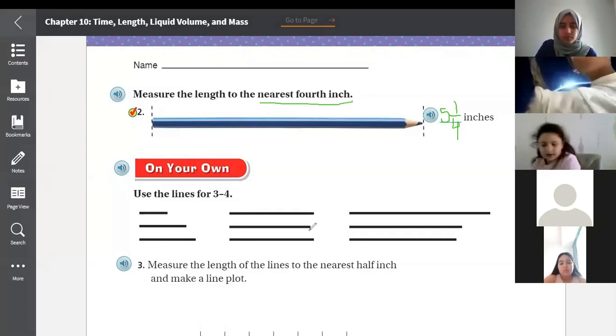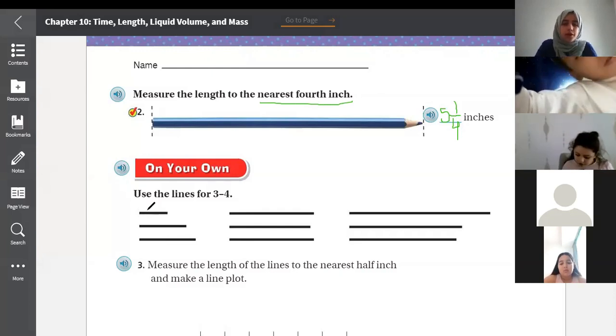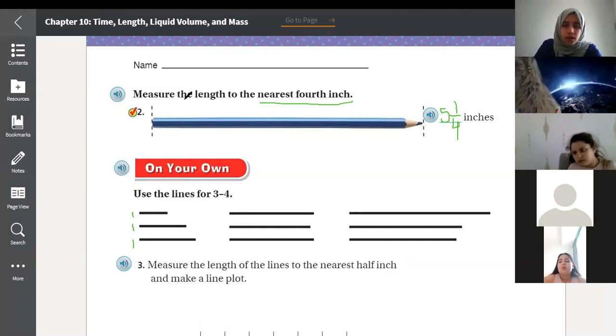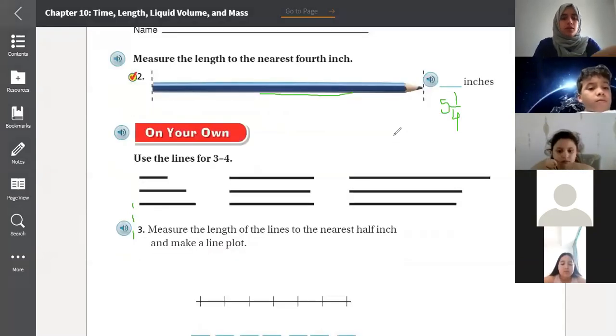Teacher, but I didn't understand the on your own part. So on your own, you need to measure each line. You need to measure this line, this line, this line. For example, when I measure the first line, I'm going to use my measuring tape.